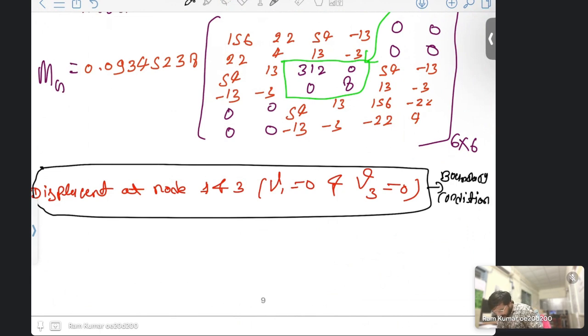So now applying the boundary condition b1 equal to 0 and b3 equal to 0.